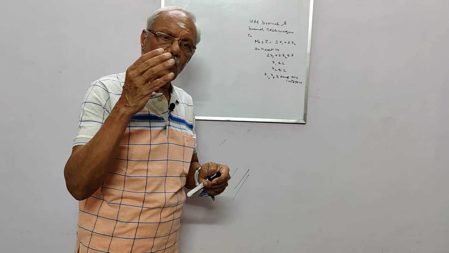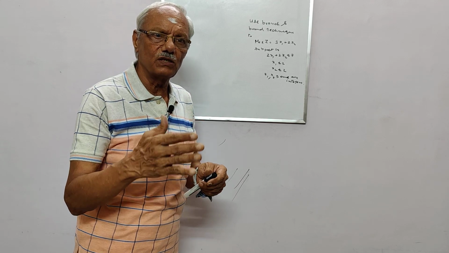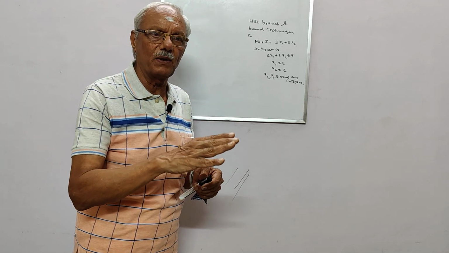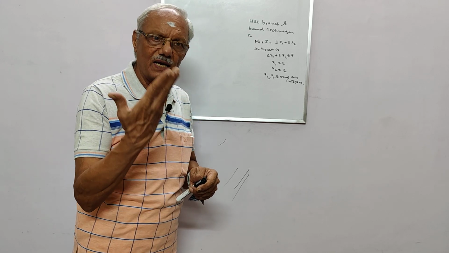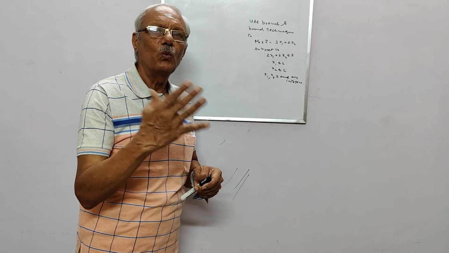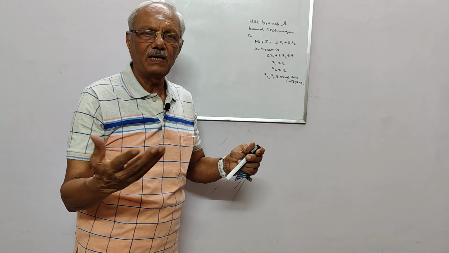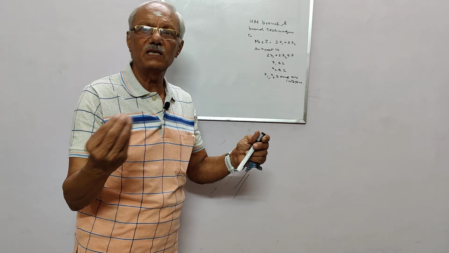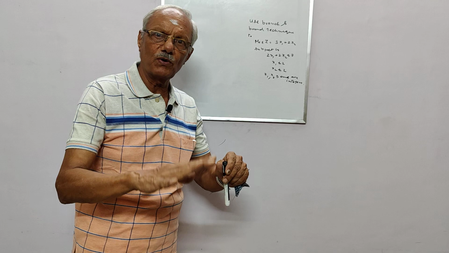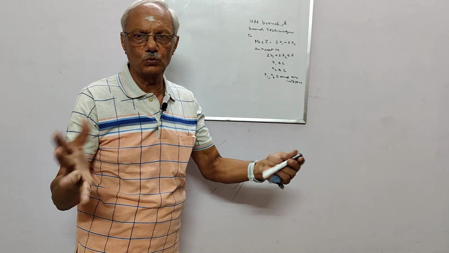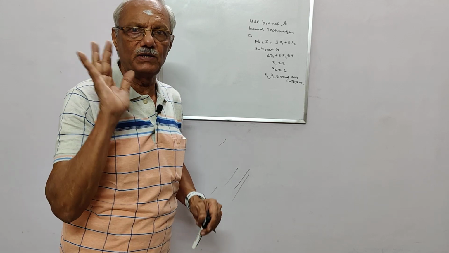If you have three variables and you are supposed to find the integer solution, this method cannot be applied. You have to employ only the simplex method, because the graphical method can be used only when there are two decision variables. This is a very simple and obvious reason why we cannot use the graphical method if the number of decision variables is more than two. Okay, now with this small introduction, let me take up the problem.